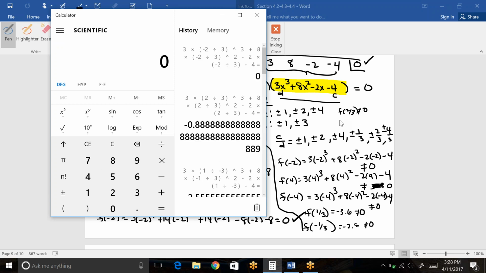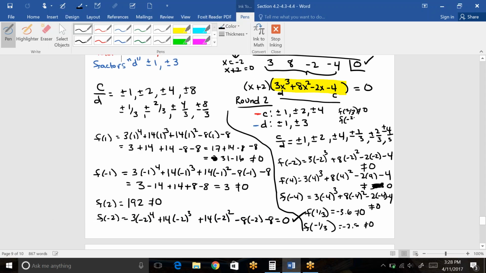And there it is. Yay! So f of negative 2/3 does equal 0. So negative 2/3 is the next one on our list to do synthetic division with.